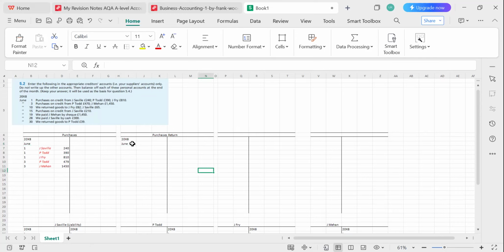So it is happening on 10th. Let's write the date. So 82, purchase returns are credit.